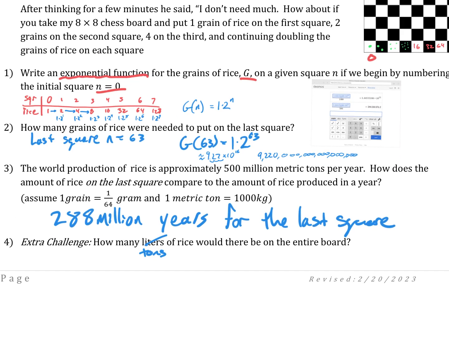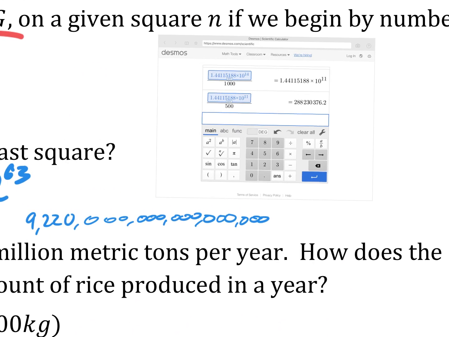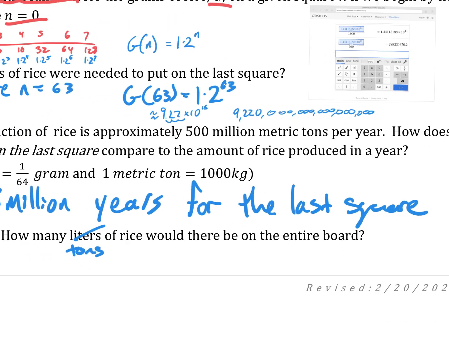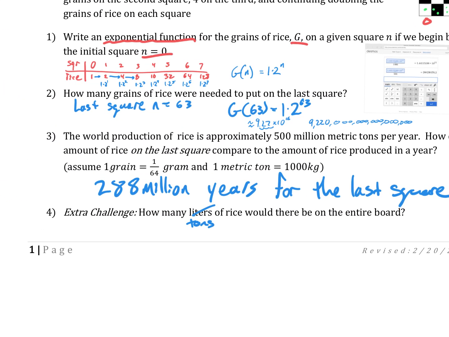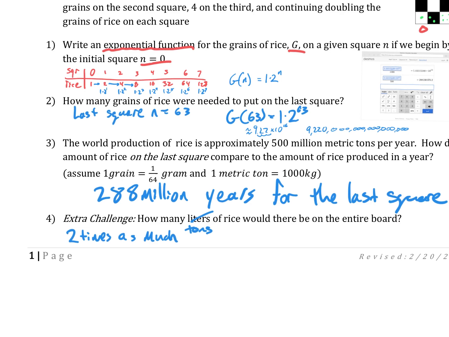How many metric tons would it take to fill the whole board? Well, it would be twice as much. So it would take twice as long to fill the whole board. That's how powers of 2 work.